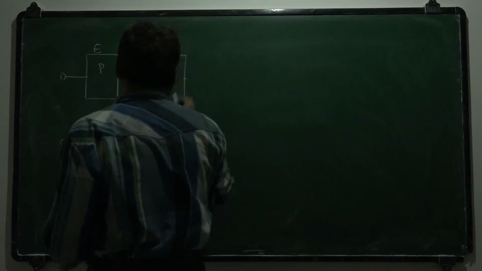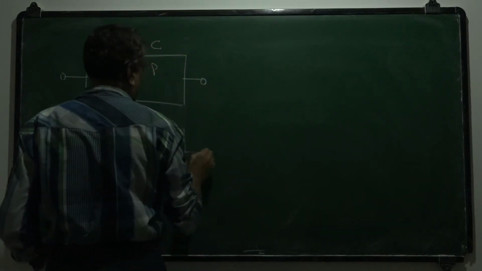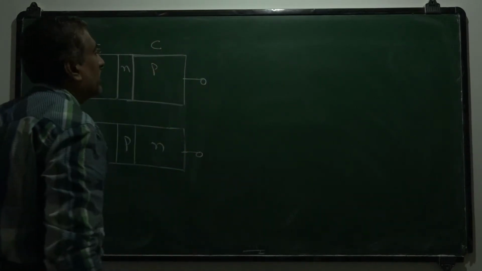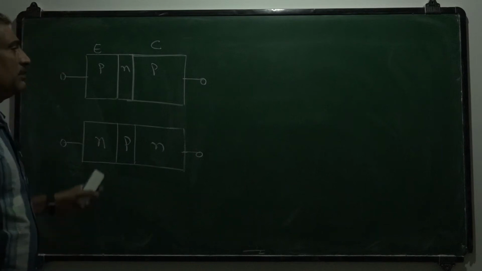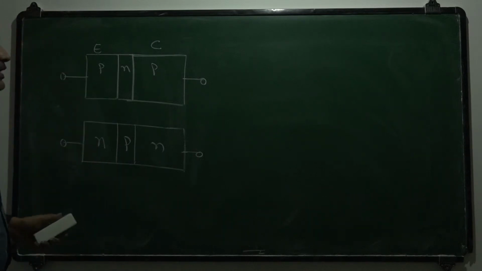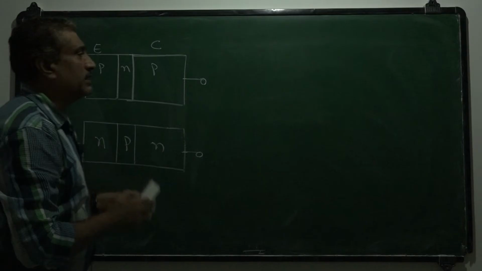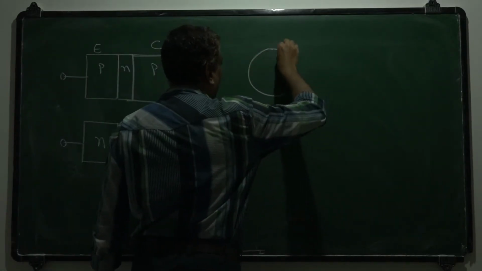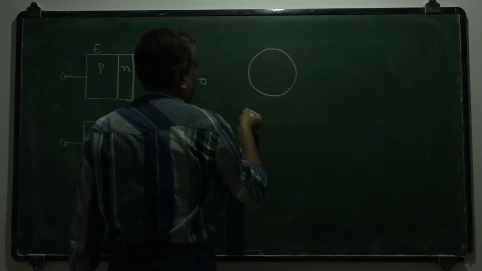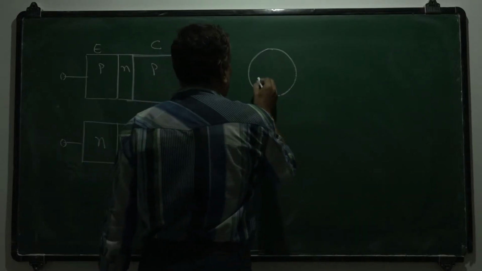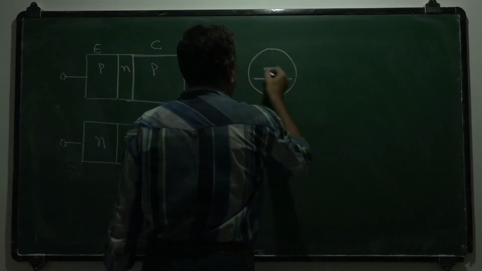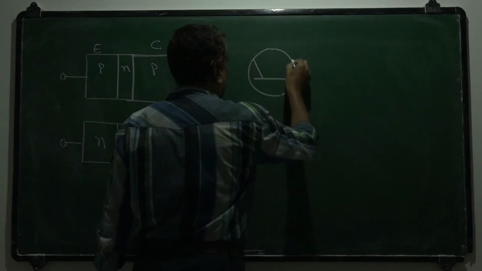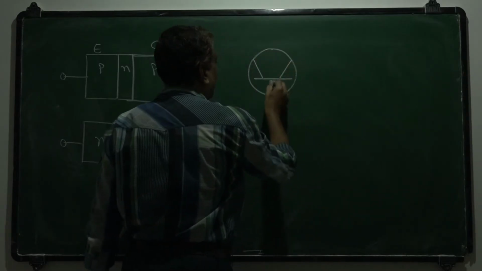Now, the circuit symbol of this transistor. Okay, the circuit symbol of this transistor is represented like this. In a circuit we represent it by a straight line like this, and like this.